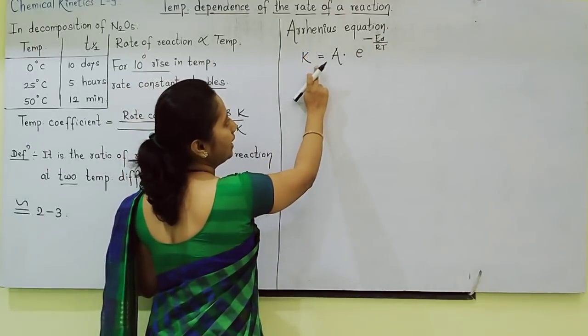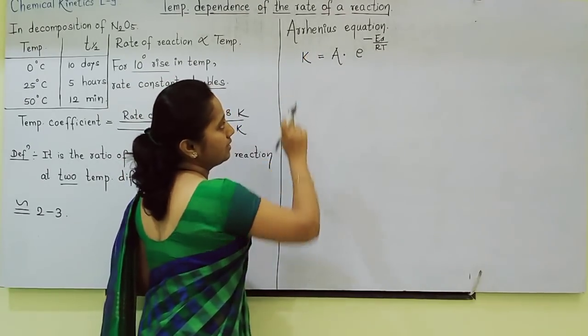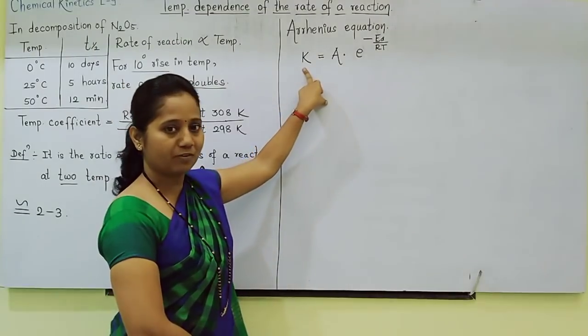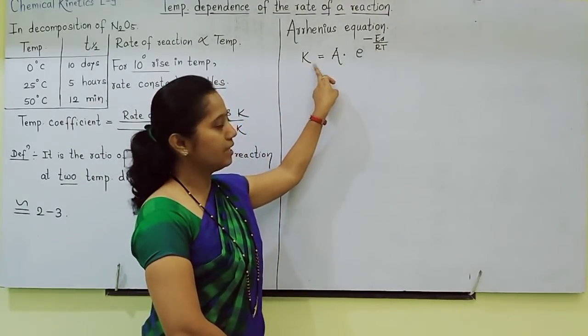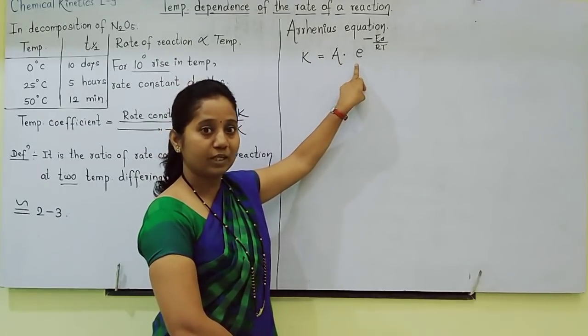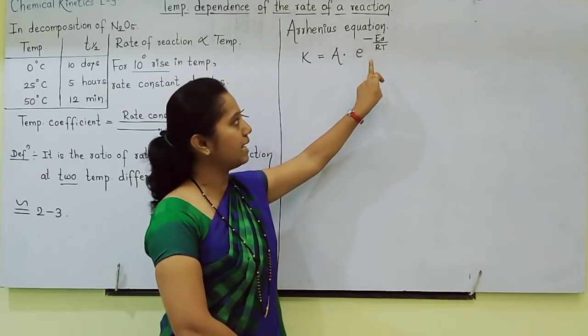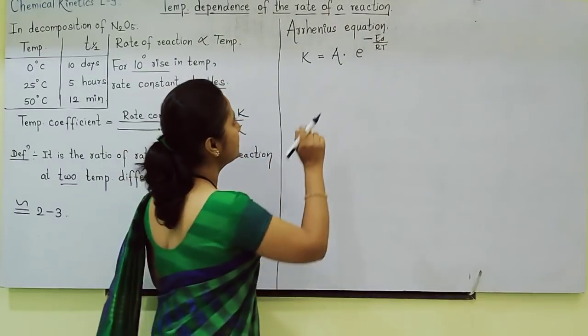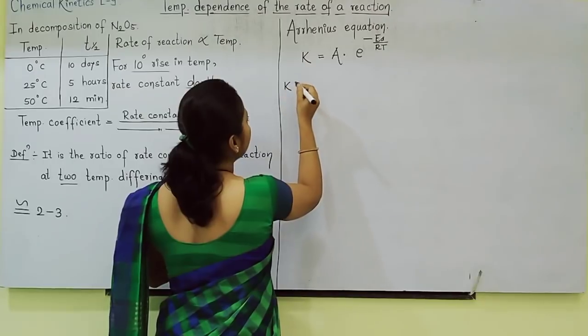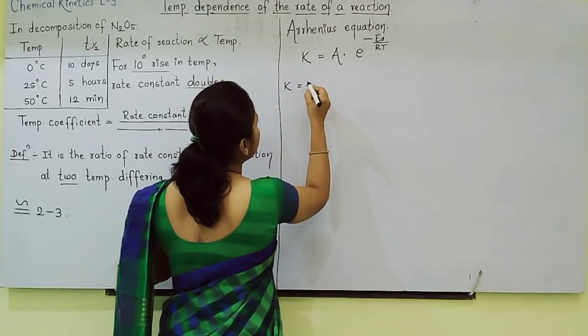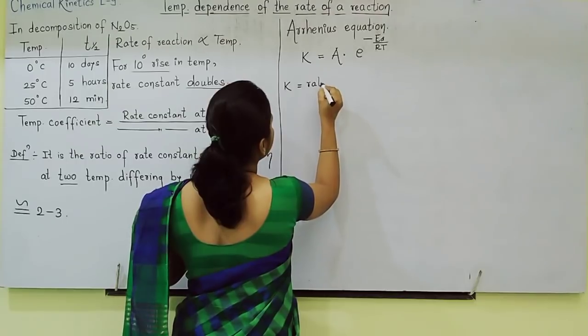The Arrhenius equation is K, that is rate constant. Arrhenius gave the relationship between whom? Rate constant and temperature. K = A e^(-Ea/RT). This is the Arrhenius equation, in which what is K? You know, students, K is nothing but rate constant.